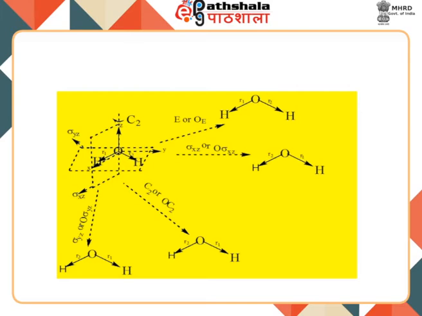That is, I have to see the effect of the E operation, C2 operation, sigma xz operation, sigma yz operation on R1 and R2. These effects of the various operations belonging to the C2v point group are summarized below over here.